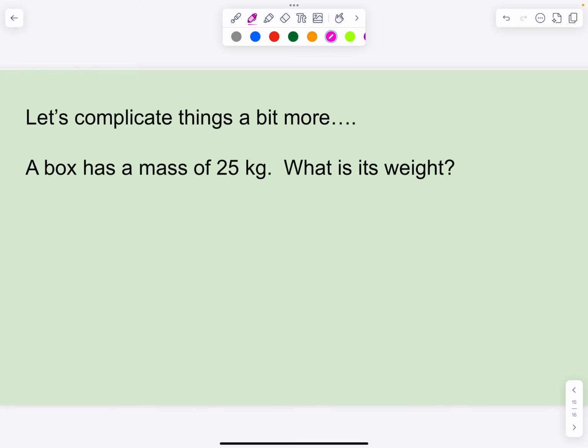Okay, so if we complicate things a little bit more, we have back to our boxes and our angles. So let's say a box has a mass of 25 kilograms. To find the weight, we said the weight was the Fg equals the mass times gravity, right?